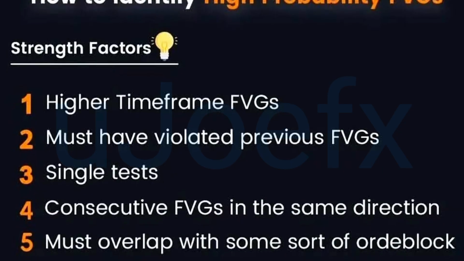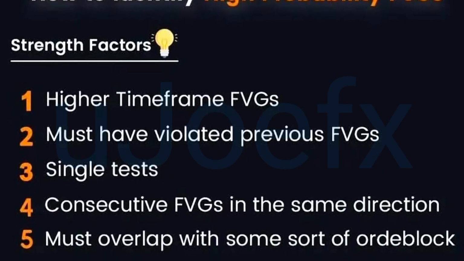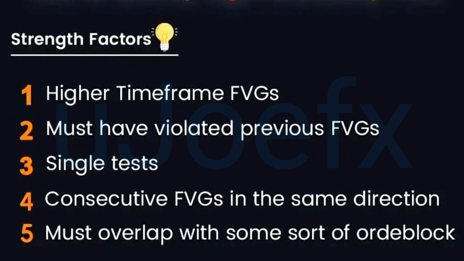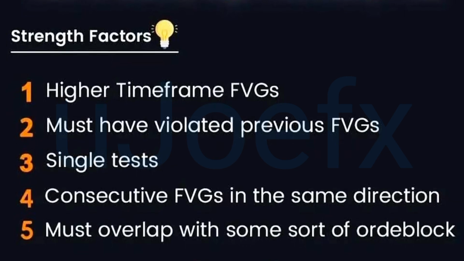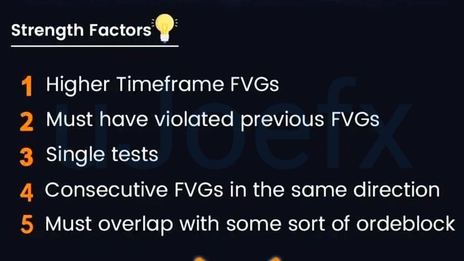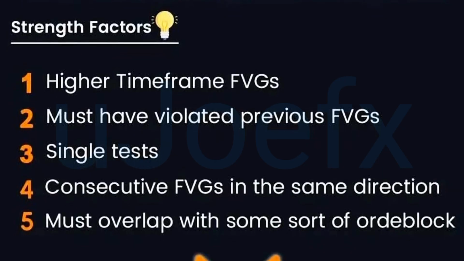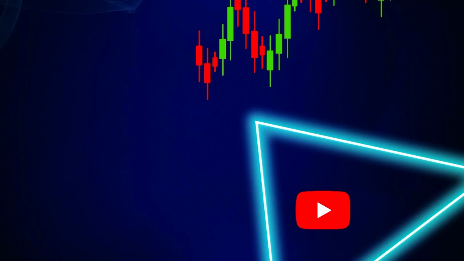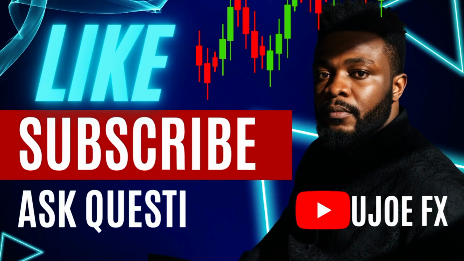You have to pay attention to this; I explained this earlier. You will also look at single test. What single test means is that price mustn't have tested that region of fair value gap previously. In this case, price mustn't have mitigated that area before. Once price has not mitigated that area, then that fair value gap becomes valid for your entry.